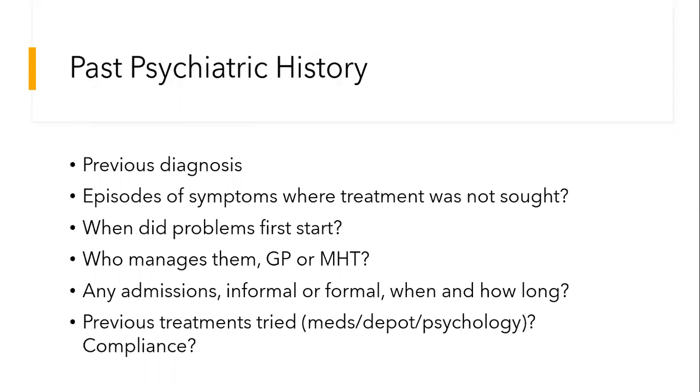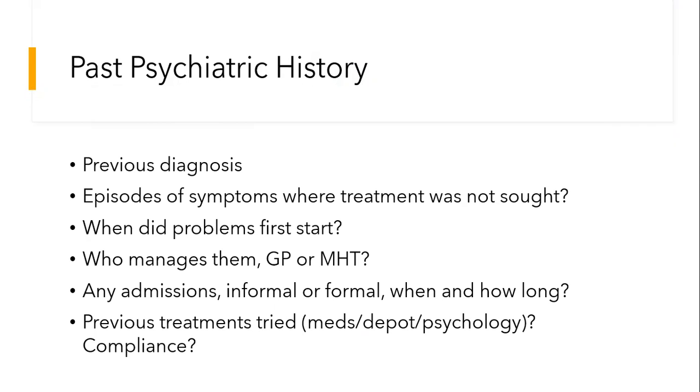A depot is an injectable, long-acting antipsychotic medication which can be given weekly or monthly. The time interval can vary depending on the medication. Sometimes it's given by patient choice or patient preference. Sometimes patients prefer to have a monthly injection instead of having to remember to take their tablets every day.